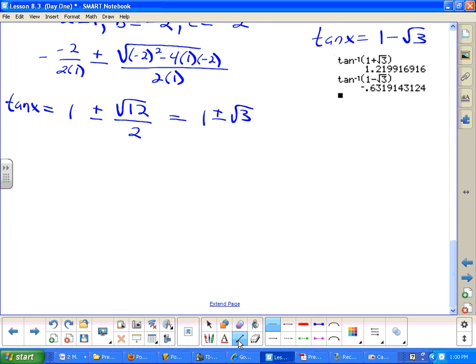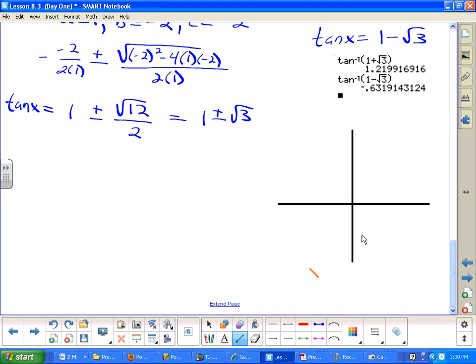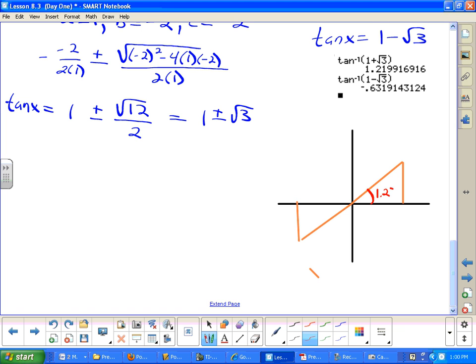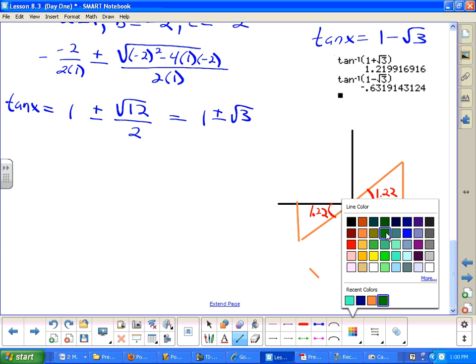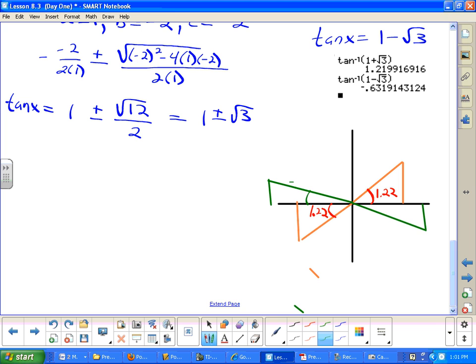So if we look at this little chart I like here, in the first and the third, we have 1.22, and in the second and the fourth, we have 0.63.